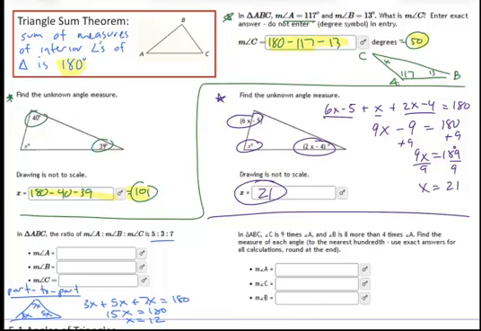And so angle A is 5 times 12, so that would be 60. Angle B is 3 times 12, so that would be 36. And finally, angle C is 7 times 12, and that would be 84. So that would be one way that you can answer this question.